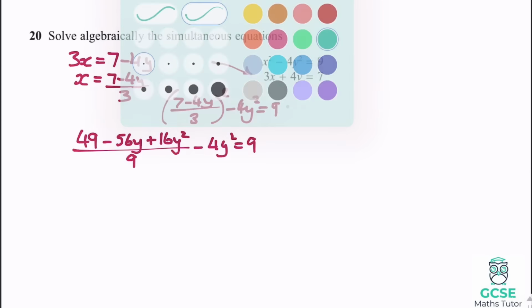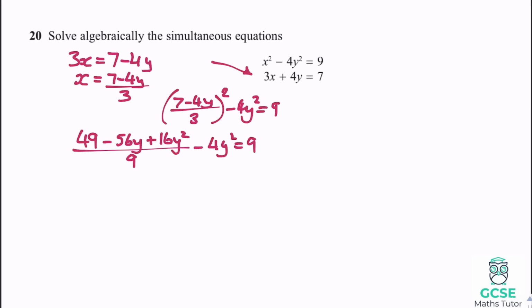Okay, so we've got a fraction involved, so we need to times everything by 9, so if we times by 9, we'll get rid of this fraction. So we have 49 minus 56y plus 16y squared. Now it's going to be minus 36y squared when we times that by 9, and that's now going to equal 81 when that gets times by 9 as well.